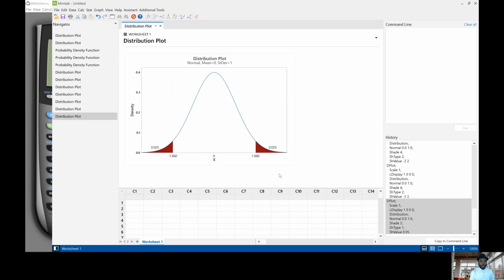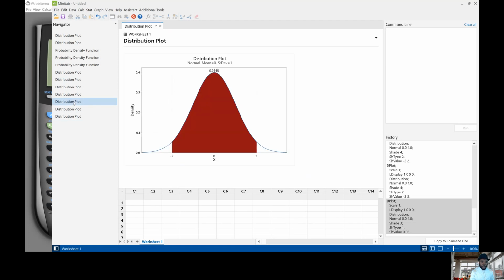And if you click OK, we have that the Z value is negative 1.96, 1.96. So if this is 0.025, 0.025, what's this area in between? That's the 95%. And did we do it already? Yeah. So 95% is about -2 to +2.